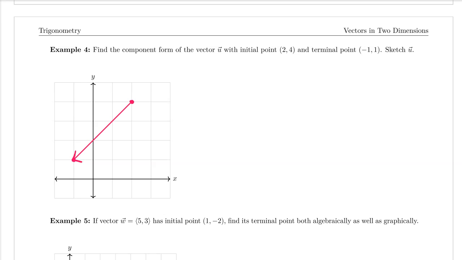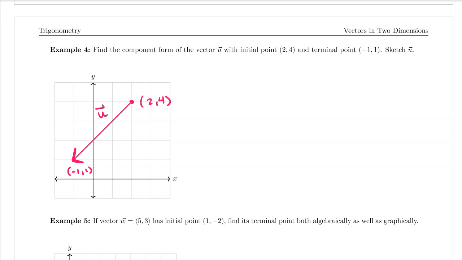All right, so I went ahead and graphed vector u, so I'm going to label it now. Notice that the arrow is going in the southwest direction, because here (2, 4) is our initial point, and then our terminal point was (−1, 1).